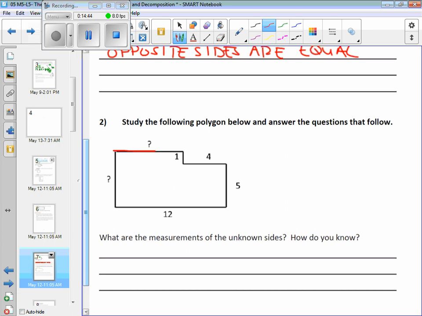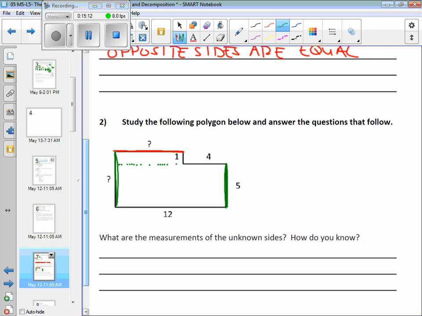I don't know this piece, and I don't know this piece. What I can do is use my other 2 vertical lines to figure this out. Watch. From here to here is 5. If I break this up by decomposition, if this is 5, then from here to here is 5.